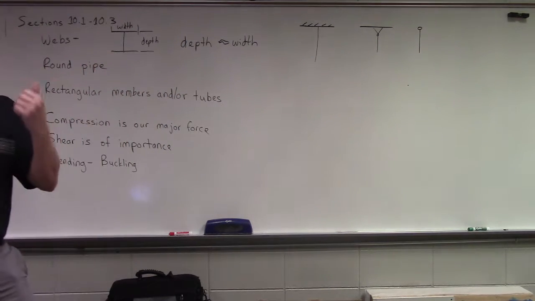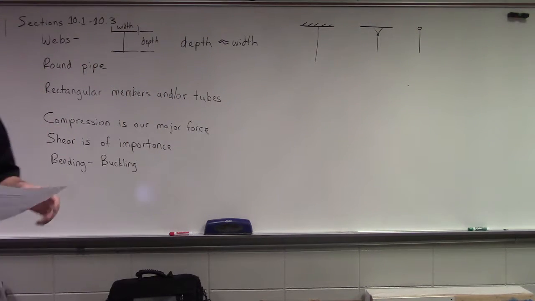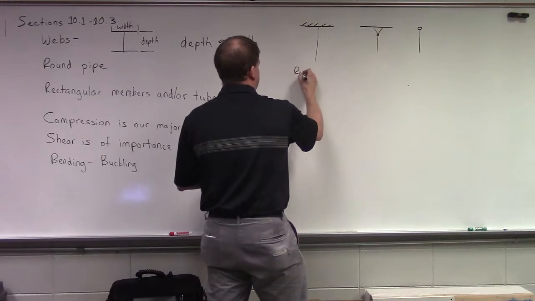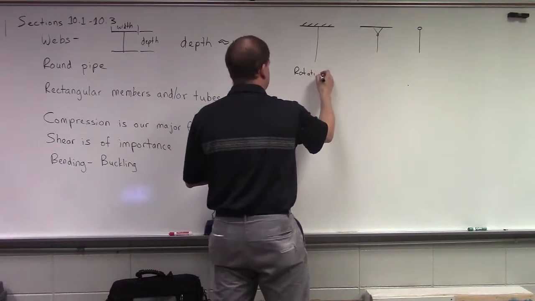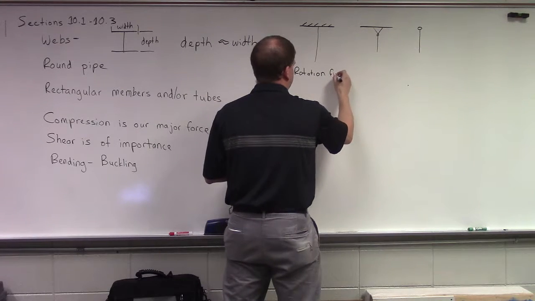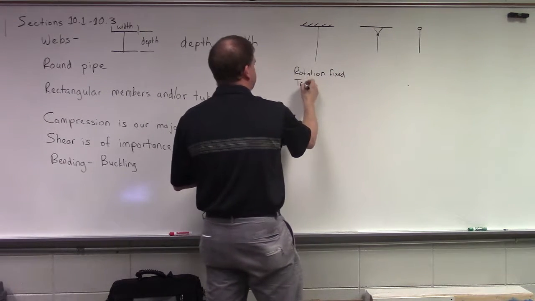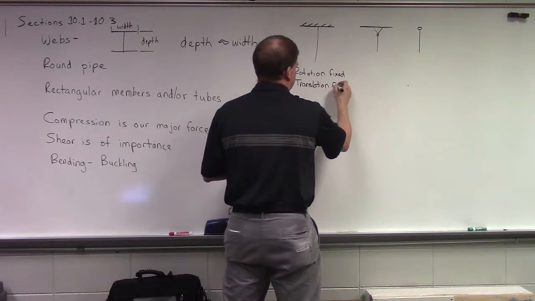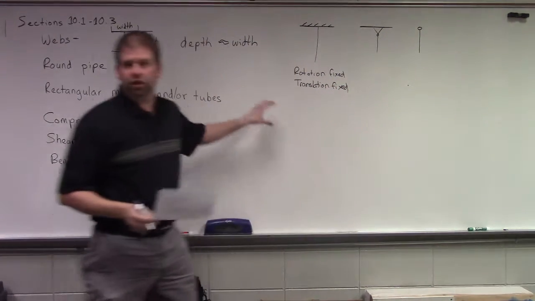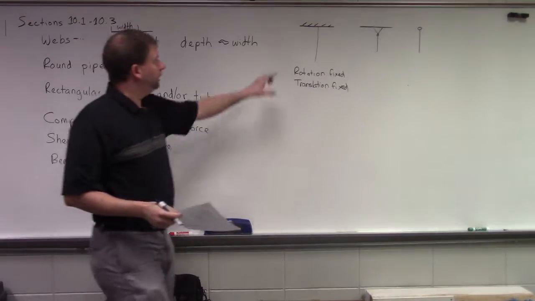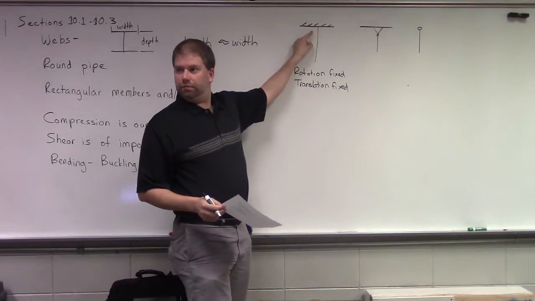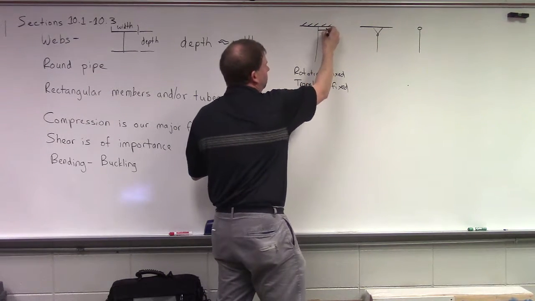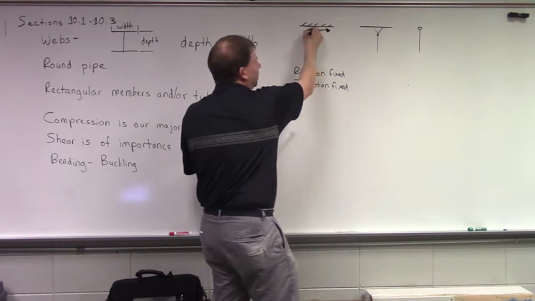Okay, so the three conditions that we can look at are when we have rotation fixed and translation fixed. Okay, so this beam is secured in a way that prohibits it from moving in the lateral direction.